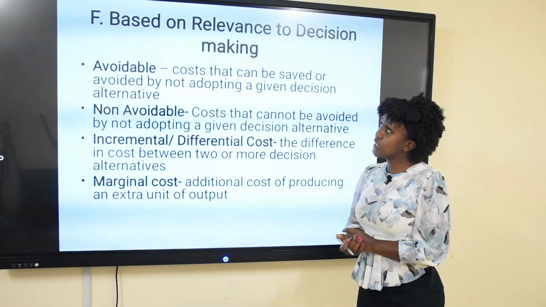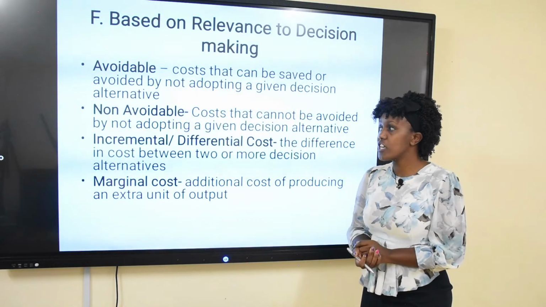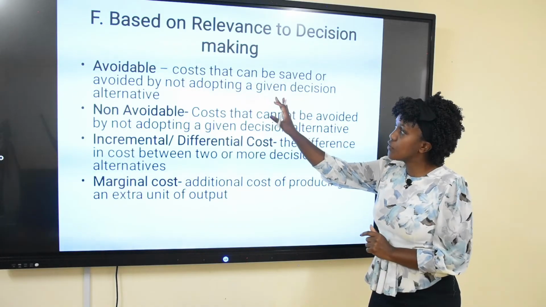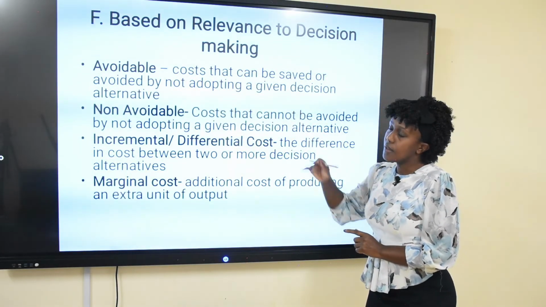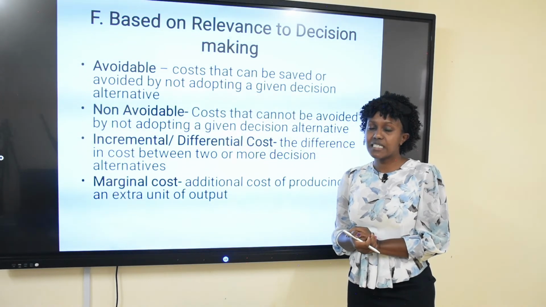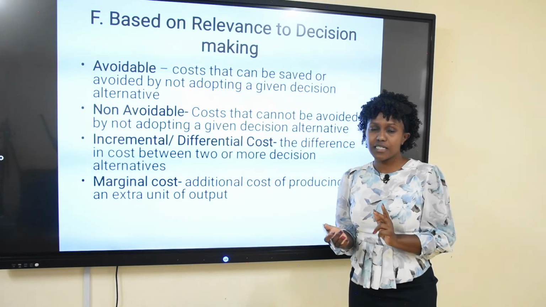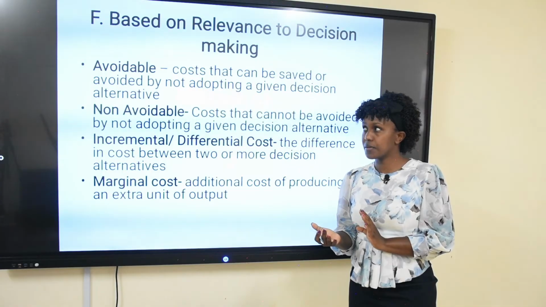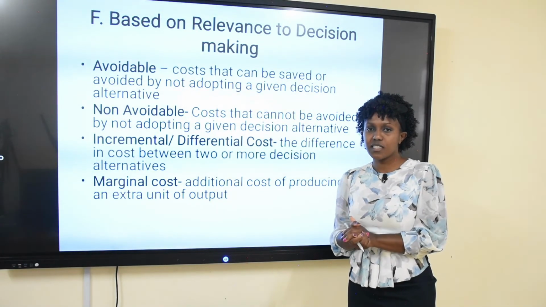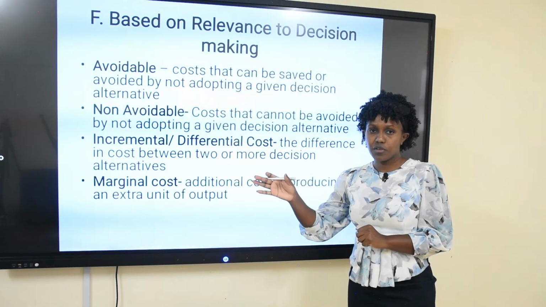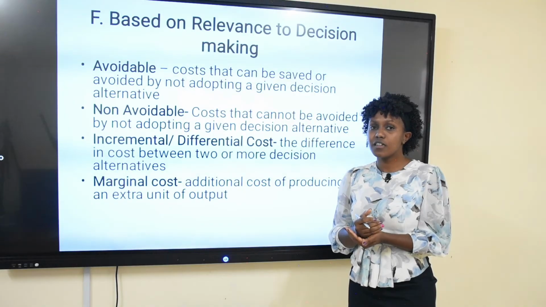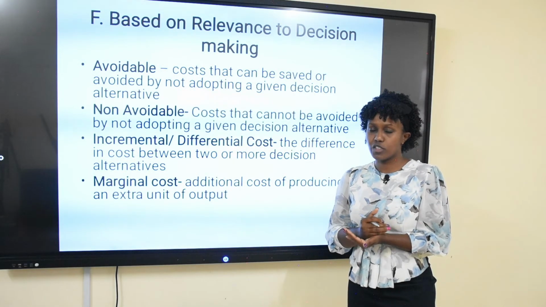Moving on this classification, you also have avoidable costs and unavoidable costs. Let's start with avoidable costs. These are costs that can be saved by not adopting a certain given alternative or a certain decision. Let me give you an example here. If you decide to buy a product from the external supplier, then you're going to totally avoid variable manufacturing costs.